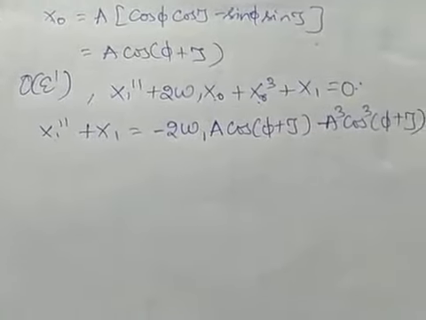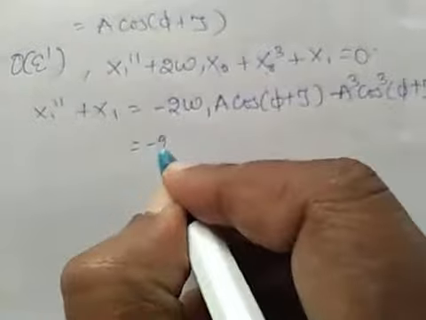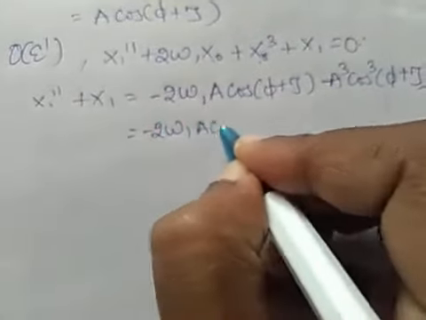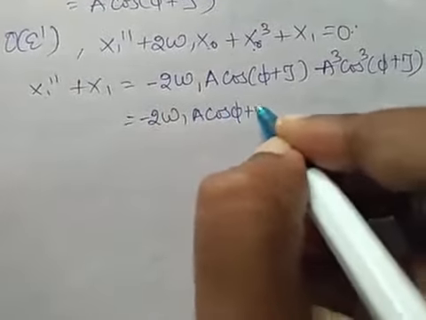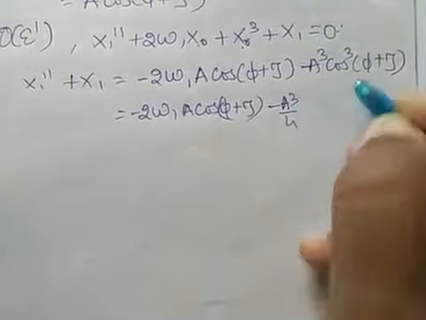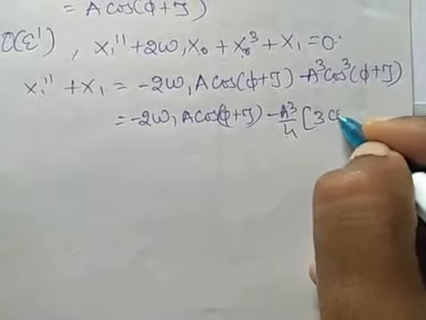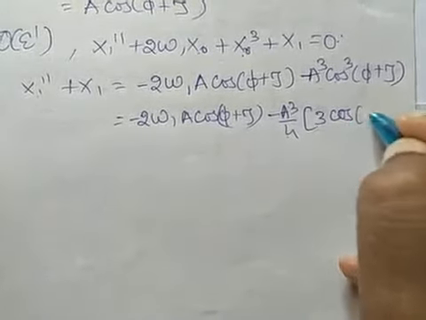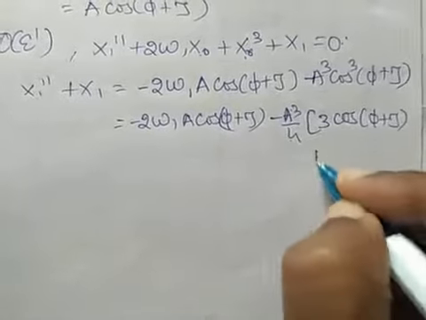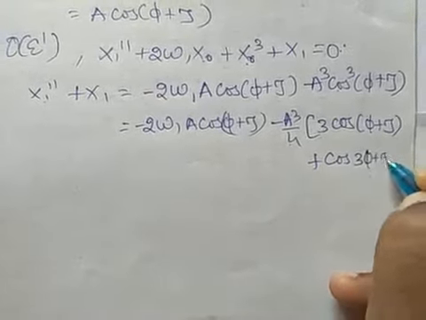So again, to avoid the cubic term, we are going to use the formula: minus 2 omega 1 a cos(phi plus tau) minus a cube by 4. Cos cube is 1 by 4 of 3 cos theta, so 3 cos(phi plus tau) plus cos(3 phi plus 3 tau).